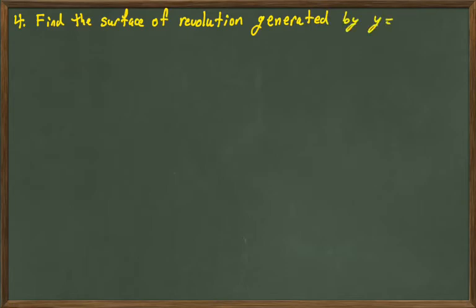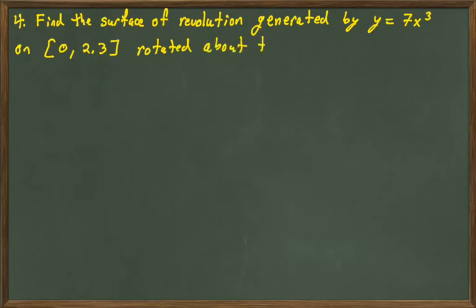So we're going to find the surface of revolution, so we can find the surface area generated by y equals 7x cubed on the closed interval 0 to 2.3, and then we're going to rotate this about the x-axis.